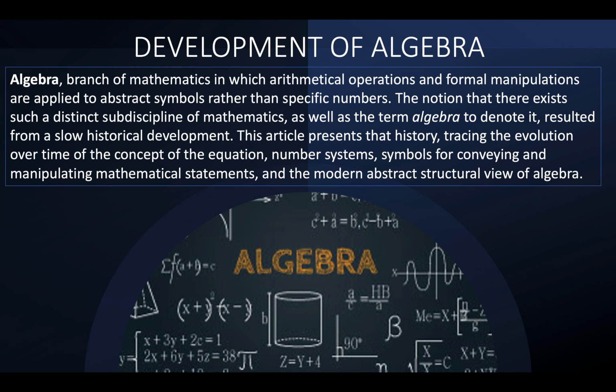The notion that there exists such a distinct subdiscipline of mathematics, as well as the term algebra to denote it, resulted from a slow historical development. This article presents that history, tracing the evolution over time of the concept of the equation, number systems, symbols for conveying and manipulating mathematical statements, and the modern abstract structural view of algebra.